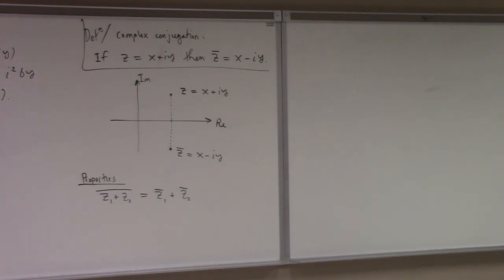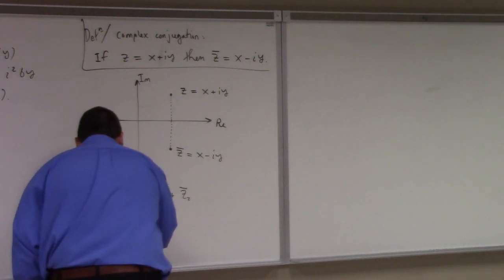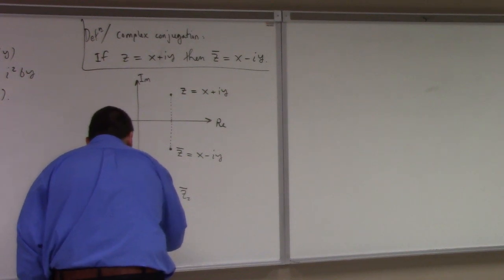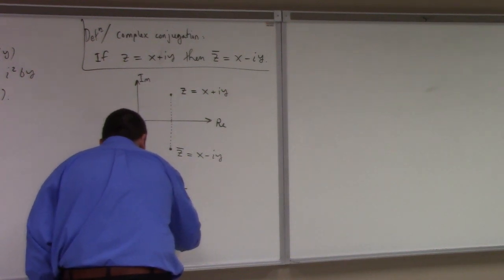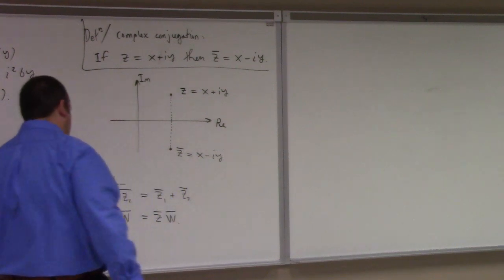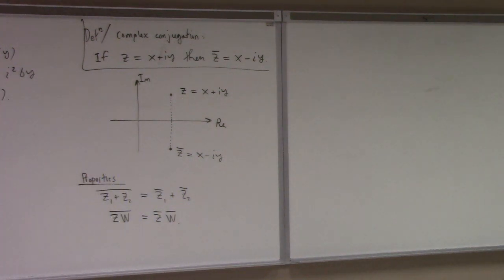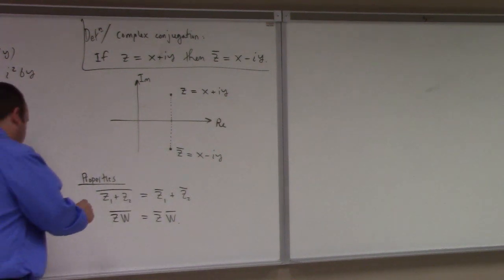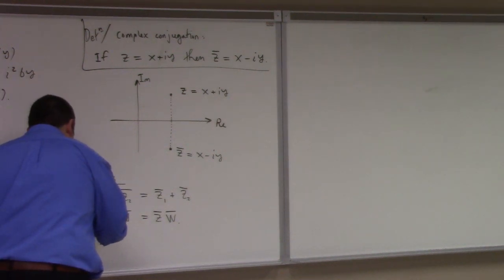It has this additive property. But much more surprisingly, it also has a multiplicative property. So the complex conjugate of z times w is the complex conjugate of z times the complex conjugate of w. That is a little bit more surprising. So let me give these numbers, 1, 2.